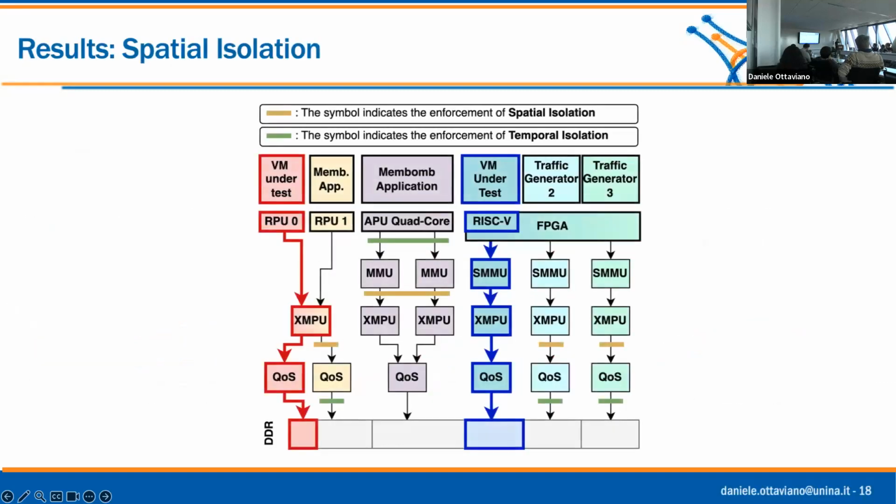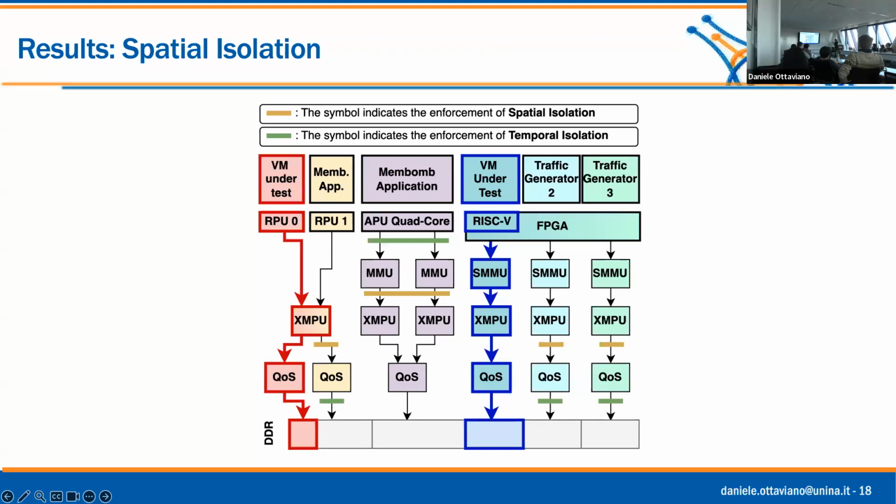Okay, so another experiment we try to do is about spatial isolation. In this experiment, we want to demonstrate that if you don't use these mechanisms that are done transparently through the Omnivisor, you risk compromising the spatial isolation of applications.